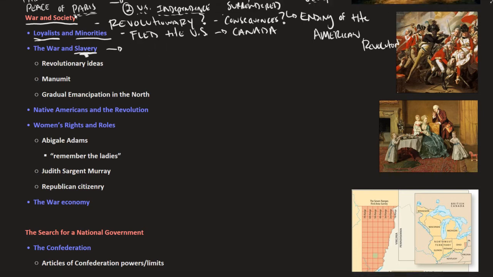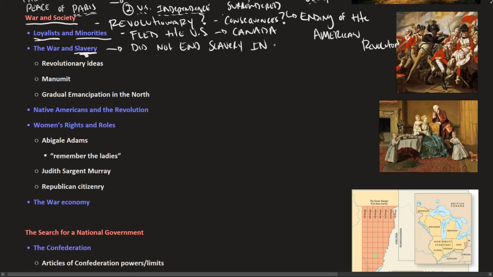So we'll say instead, the American Revolution did not end slavery in the U.S. However, at the same time, what I like to say is it did deal a mortal wound to the institution.